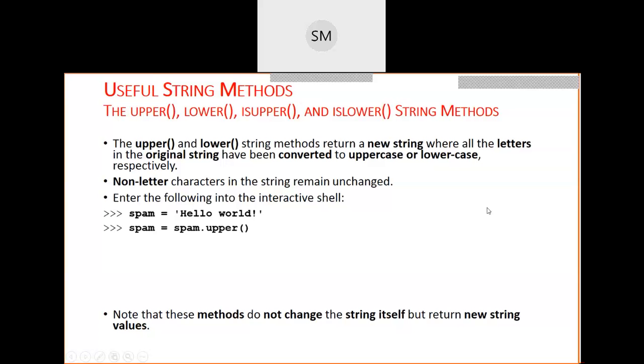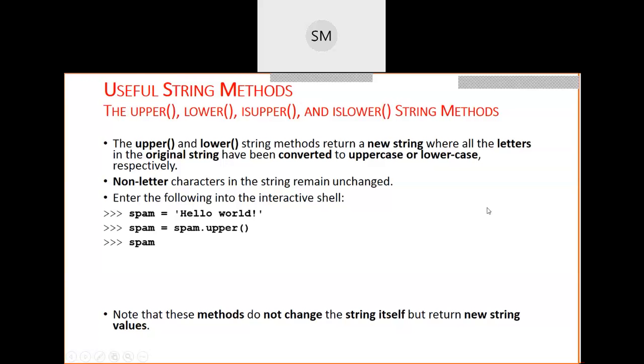Here hello world has only one capital letter, that is H. The remaining characters will also be converted into uppercase with the help of this method. Once spam dot upper is executed, the resultant string will be stored in spam.